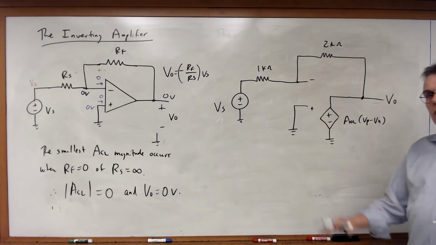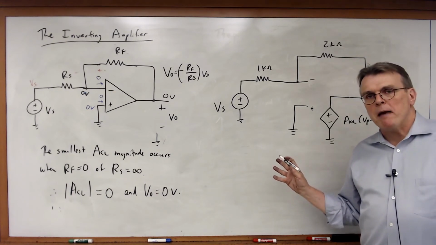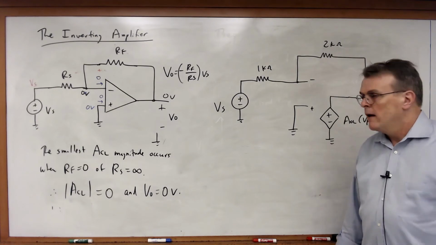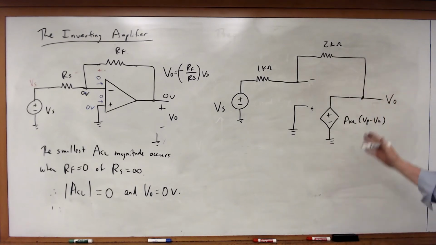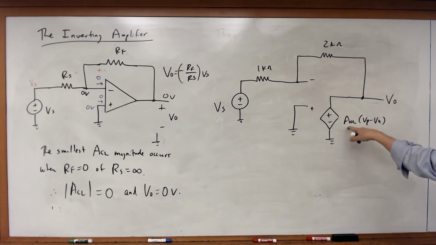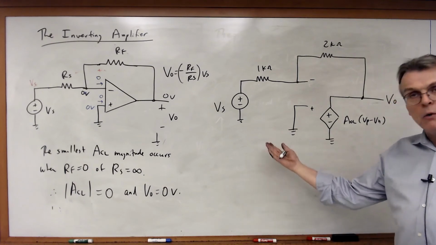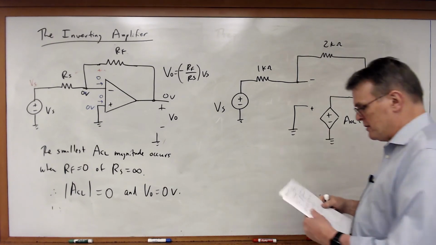So if you had never heard of the 3 rules of op-amp analysis, or if you'd never heard of op-amps at all, I would ask you this. Work this problem for me, get an expression for VO, and then let that open loop gain term go to infinity. So let's go ahead and see what we get out of this.